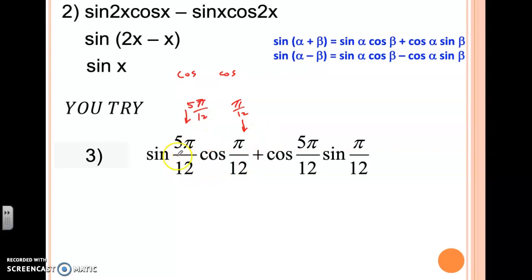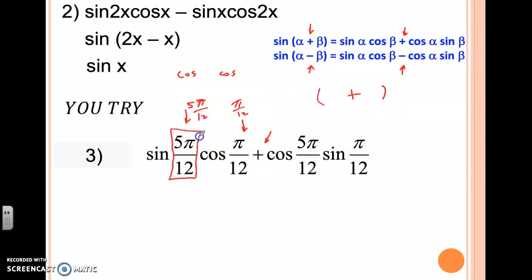How do we know if it's going to be a sum or a difference? My sine will remain. If in the identity I have a positive, then it will be a sum of the two angles. If the identity has a negative, then it will be a difference of the two angles. Right now my identity has a plus, therefore I know it's going to be a sum of two angles. What angles?